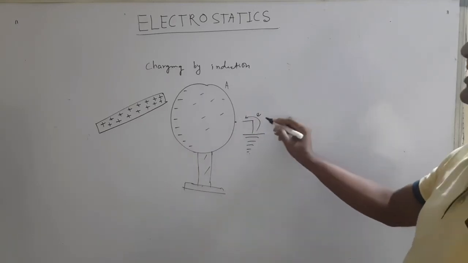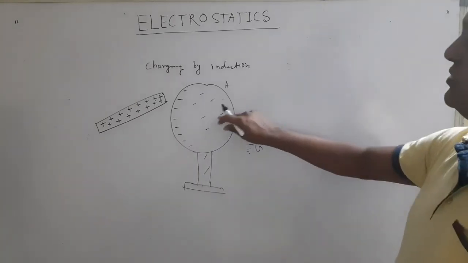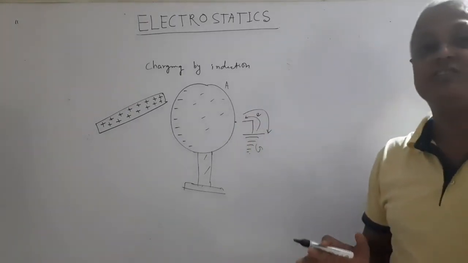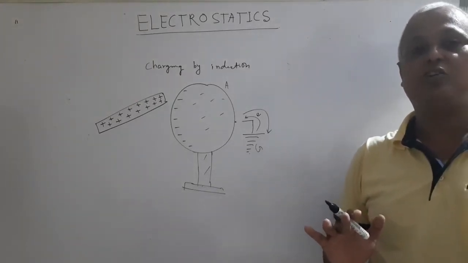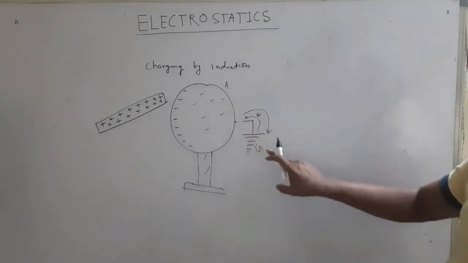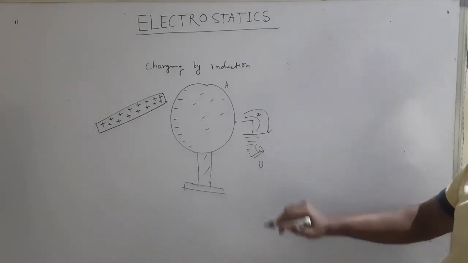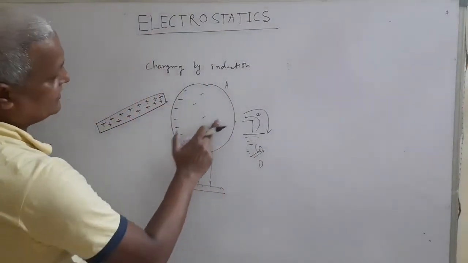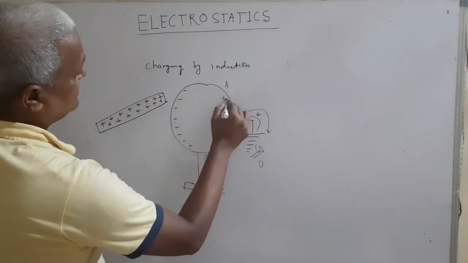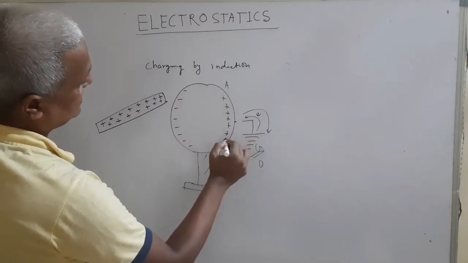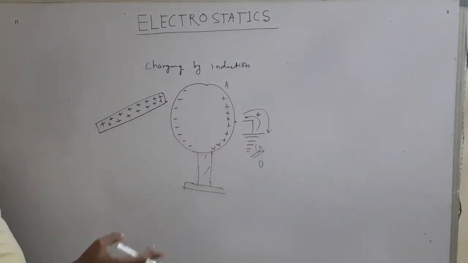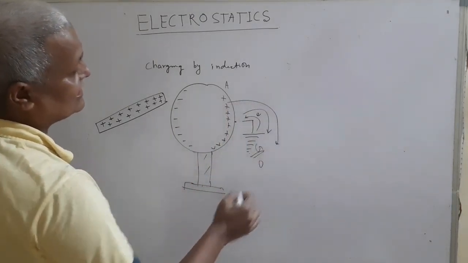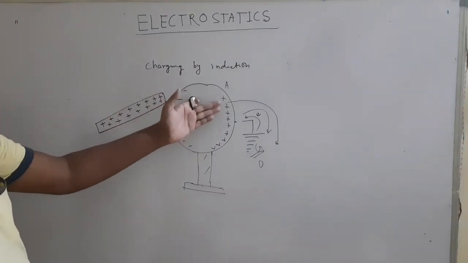In that case the electrons move in the other direction, from the body to the ground. Since the potential of the ground is zero, if the body is positive, greater than zero, you can assume the positive charge flows to the ground, and that is the conventional current.